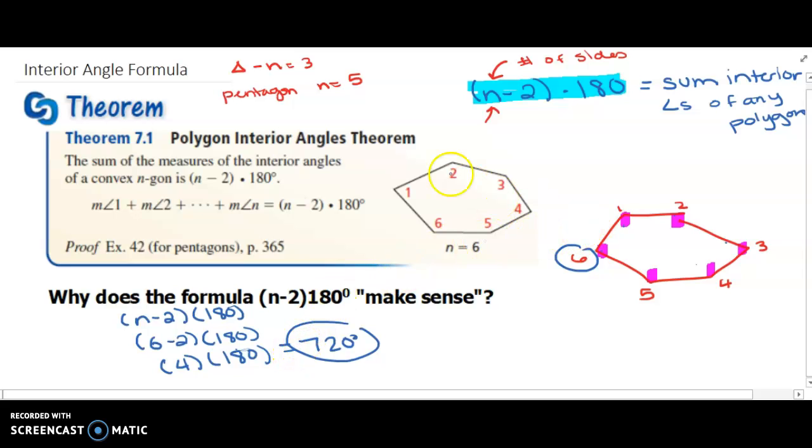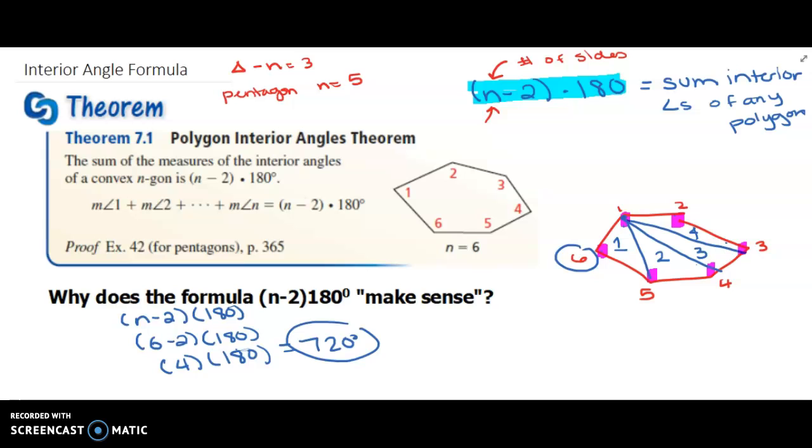Now, this makes sense because if I draw all the diagonals I can from one vertex, I'd have one triangle here, another triangle here, another triangle here, and another triangle here. And each one of these triangles, if you add up their angles, is going to be 180 degrees.